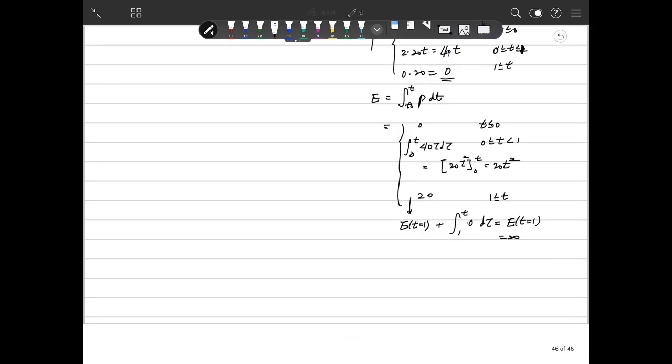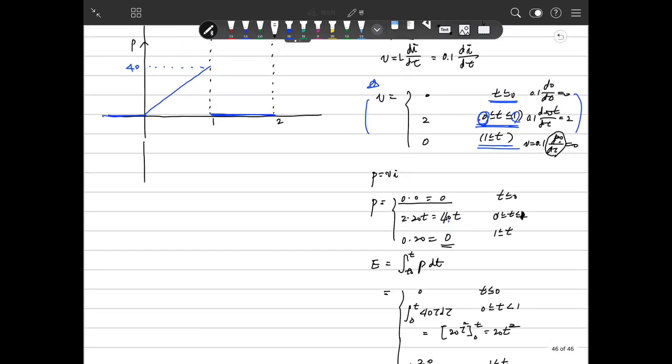So we rewrite the energy here: 0 when t is smaller than 0, 20t squared from 0 to 1, and 20 after that. So we can go here, 1, 2, this is energy, in joules.